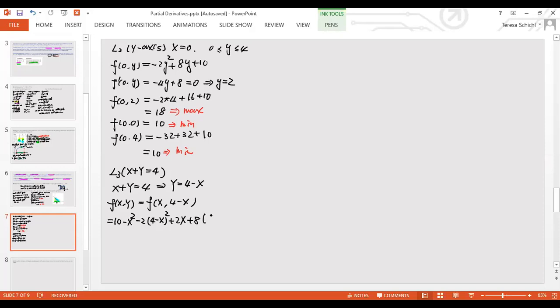So what is y here? It's 4 minus x. Oh boy. Okay, foil it and combine, and you will get 10 plus 10x minus 3x squared.